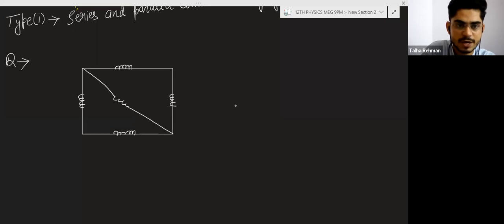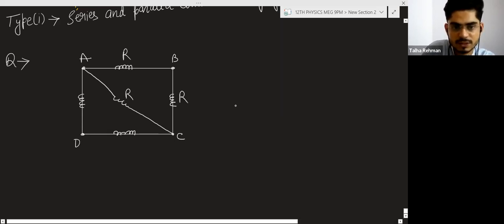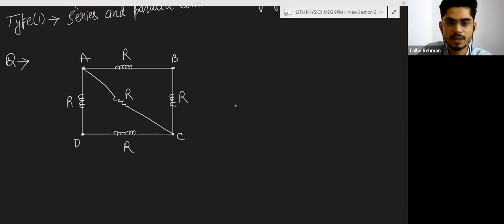This is point A, this is point B, this is point C, and this is point D. All resistances have the value R. This is given, and we have to calculate.